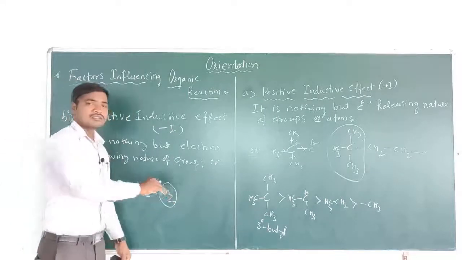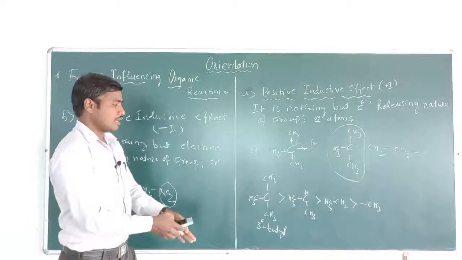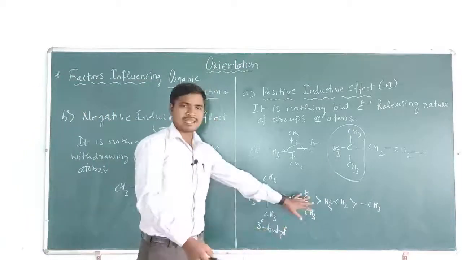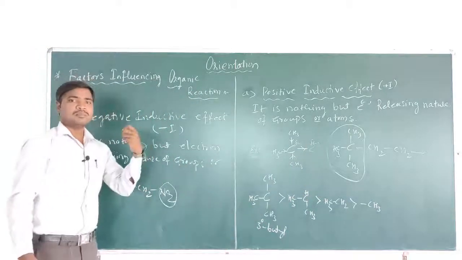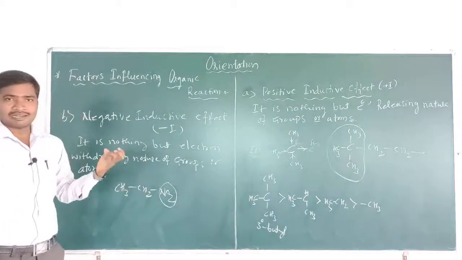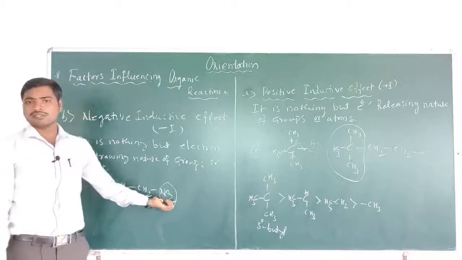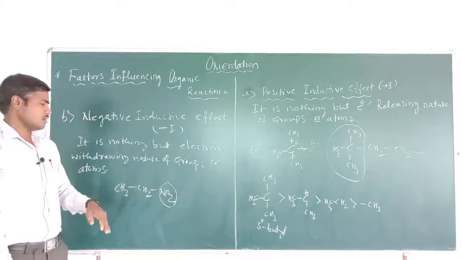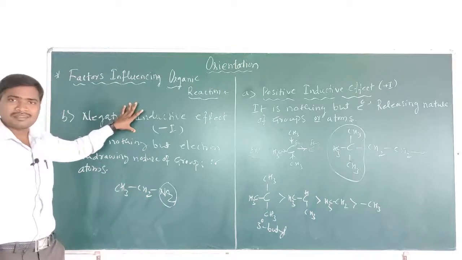So NO2 shows a minus I effect, and the alkyl groups, that is tertiary butyl, isopropyl, ethyl and methyl, show a plus I effect, that means an electron releasing effect. This group shows an electron withdrawing nature, that is a negative inductive effect.